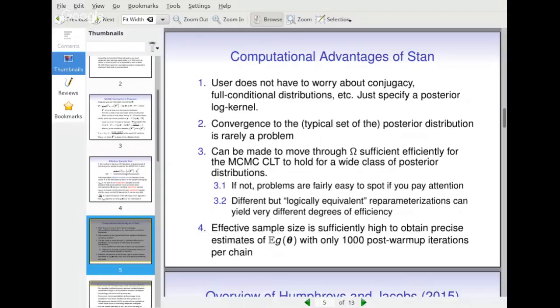And if it does, its effective sample size is usually going to be more than enough for you to estimate whatever it is you're trying to estimate with sufficient precision, even though you can't obtain the analytical pieces that you would need in order to estimate the thing with infinite precision. So it's going to be close enough.